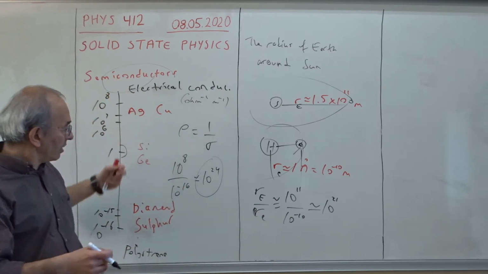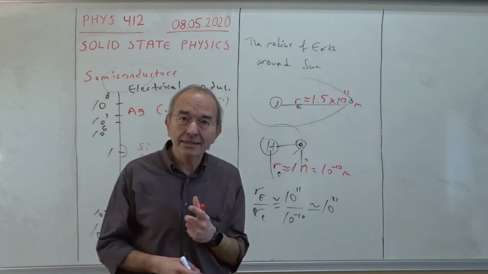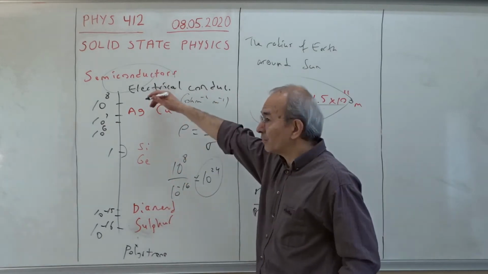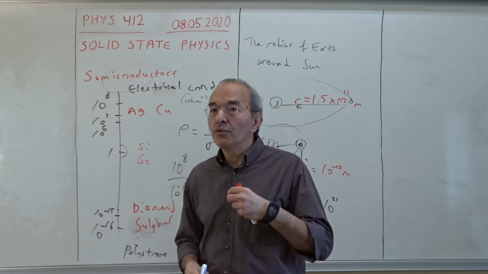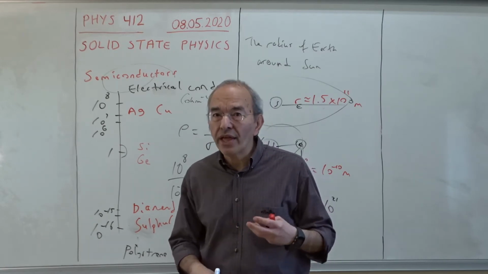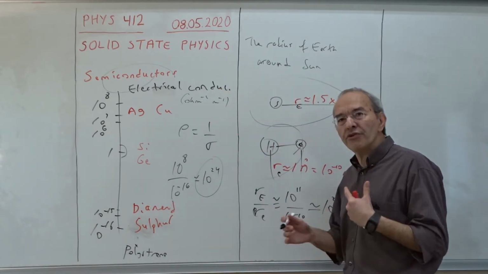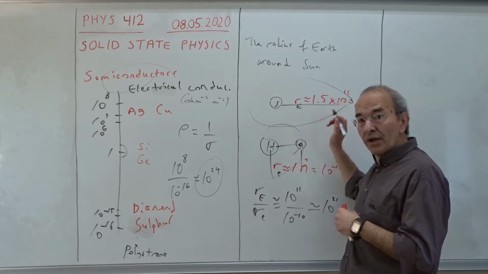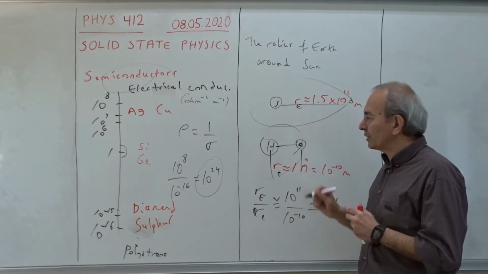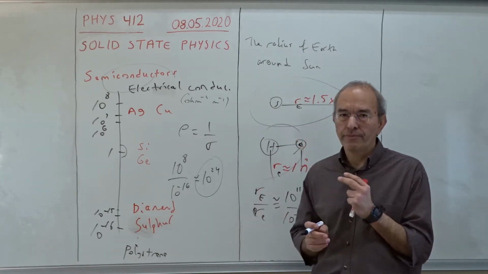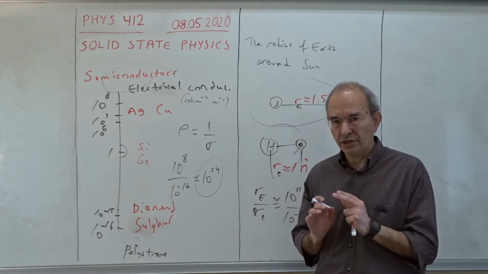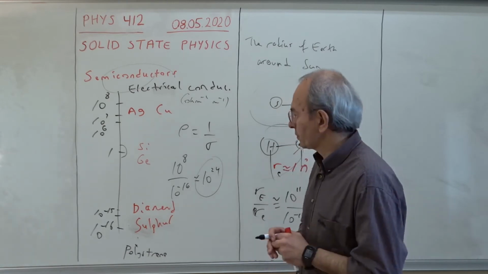So the ratio between the electrical conductivities of the best ones and the worst ones is even 1,000 times larger than the ratio of the radii of the Earth around the Sun and the electron in a certain atom. So it is such a huge ratio. First of all, I should say this.